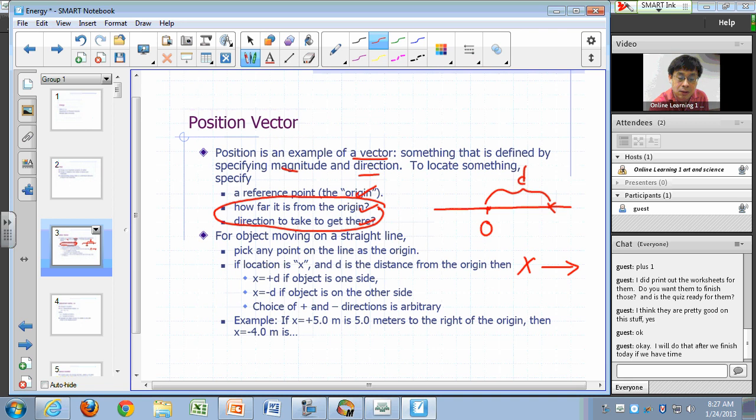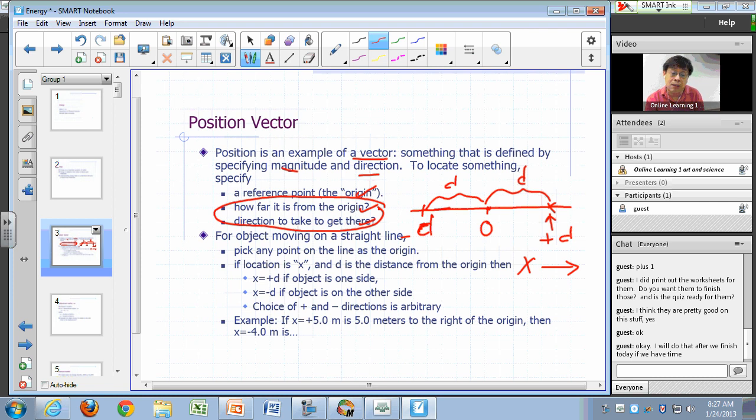Then X over here is equal to positive D. Okay. And if you say it's 5 meters away to the right of 0, you can say this location is plus 5 meters. And if you say the distance from the origin is 5 meters, but it's on the left side, then we say X here is going to be negative D. Let's say it's 5 meters to the left, then you say the location is negative 5 meters.